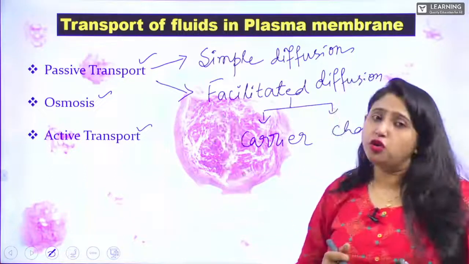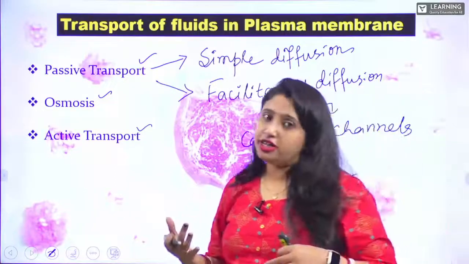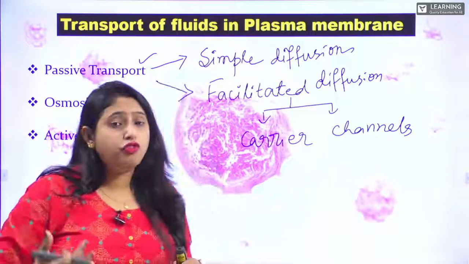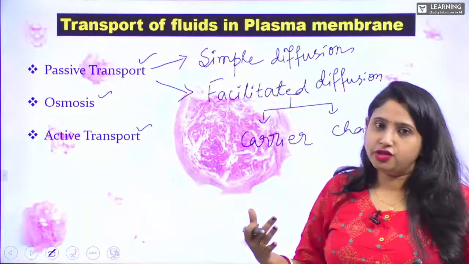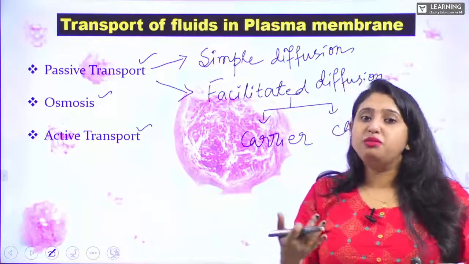Next is osmosis. You have been studying from the lower classes that it is the movement of molecules from the higher concentration to the lower concentration through a semi-permeable membrane, right?